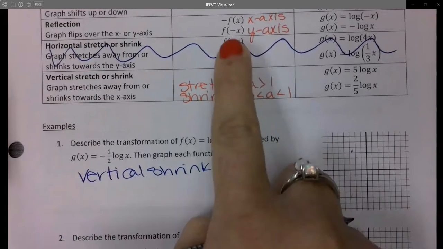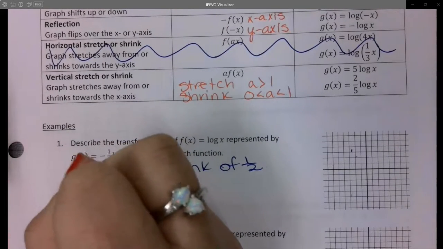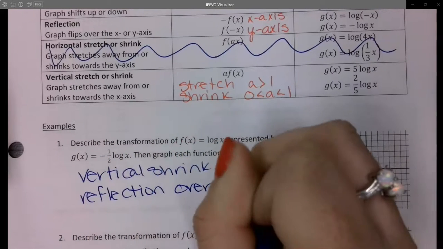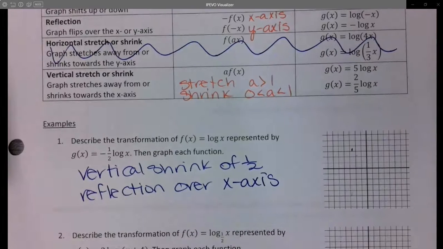So when it's out front, it is reflecting over the x-axis. Then I want to go ahead and graph this so I can just see those changes.